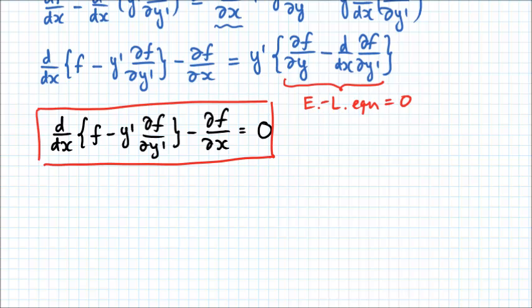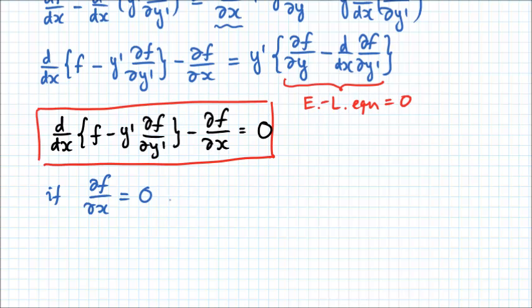Now you may say, how is this superior to the original form, given that now we have what seems like 3 terms as opposed to 2 terms? Well, let's consider the case when f has no explicit dependence on x.